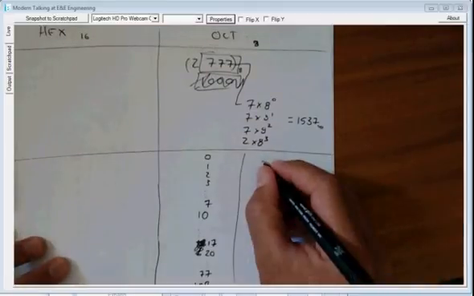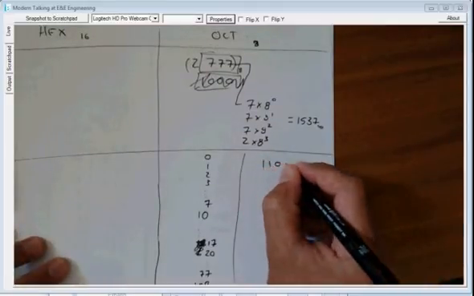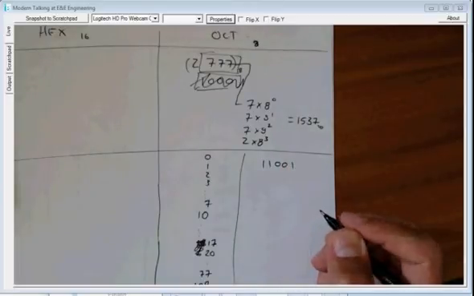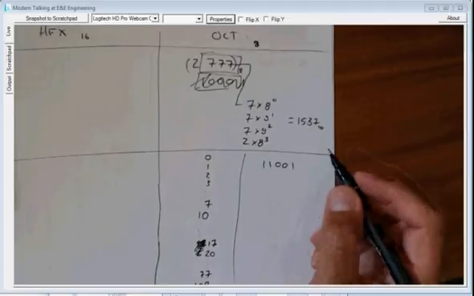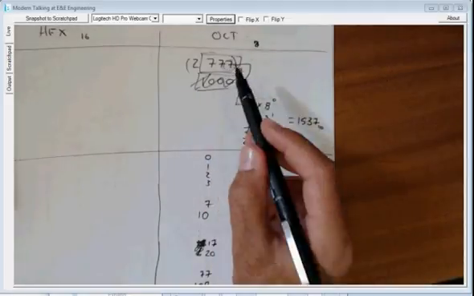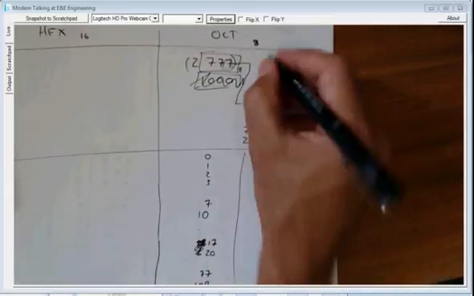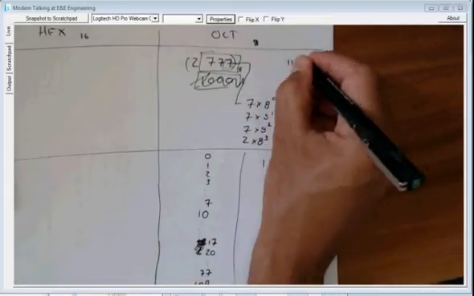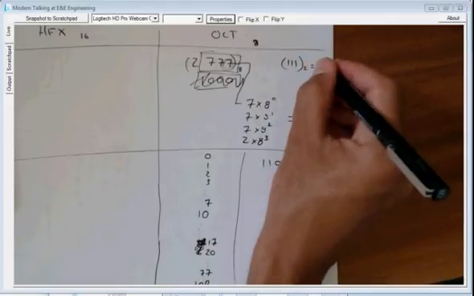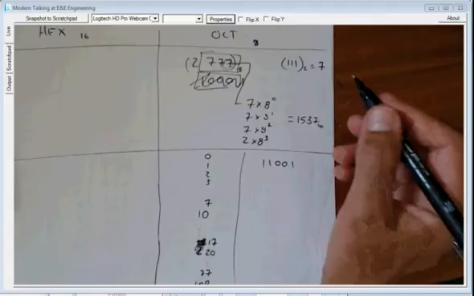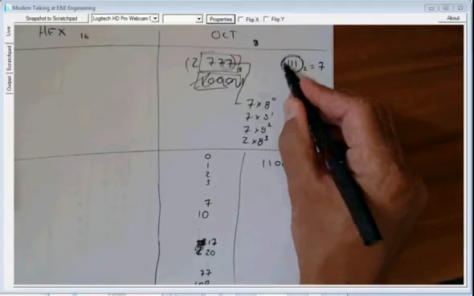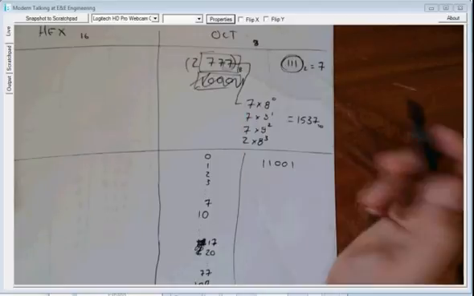So if you have this binary number 11001, and I tell you I want to convert it to octal, what you should realize by now is, because the biggest number you can represent with octal is 7, and 3 ones in binary is 7 in octal and in decimal, but in octal you should understand that you can make groupings of 3 ones for each symbol in octal.